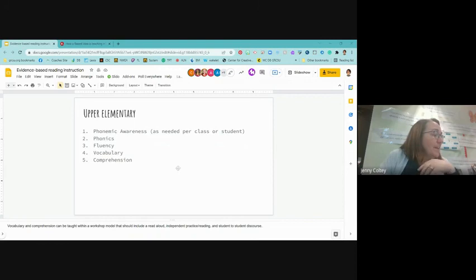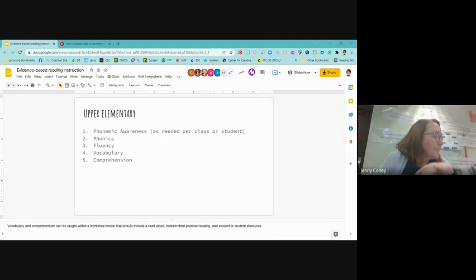And for the upper elementary, we need to have phonemic awareness, phonics, fluency, vocabulary, and comprehension. The phonemic awareness piece could be per student, but in the situations as we've been in the last couple of years, I'm imagining that this is going to be whole group.